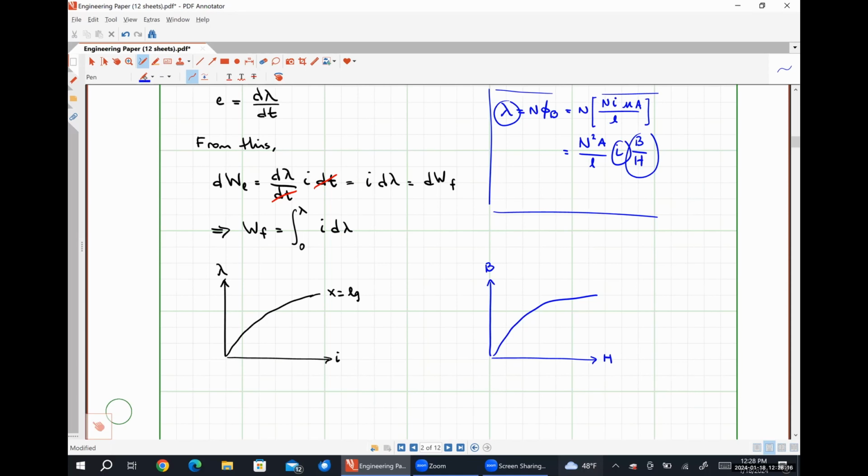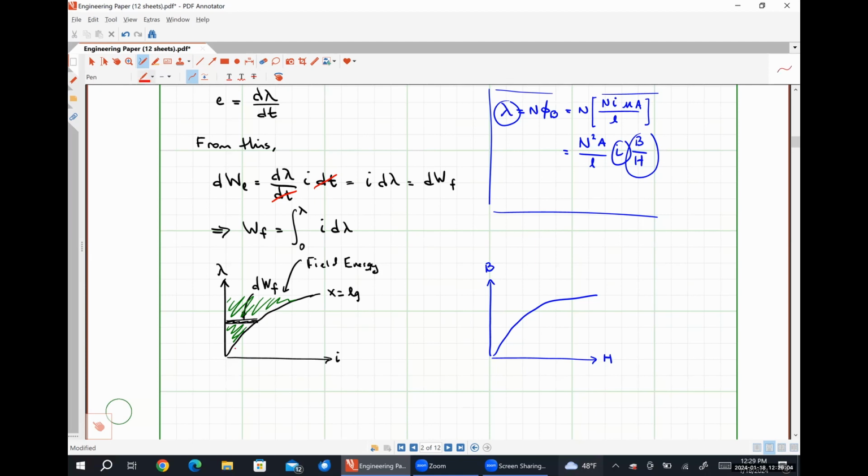All right, so going back to our graph, our differential field energy, and so everything up to this particular curve is what's called our field energy. Something kind of interesting here.